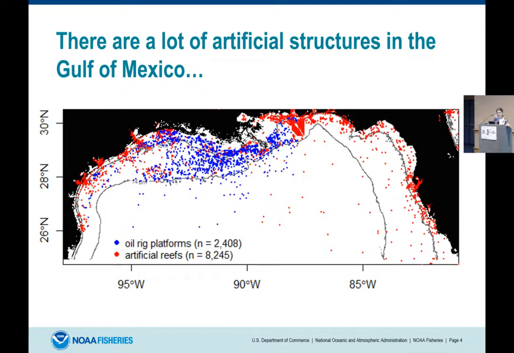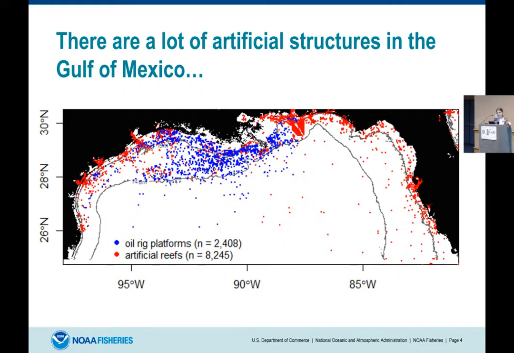Okay, I guess this statement is probably fairly obvious to this crowd. There's a lot of artificial structures in the Gulf of Mexico. And in the study domain, the numbers you're seeing here are the numbers in our study domain, which was the depth limits for red snapper in the surveys that we used. So that was 7 to 140 meters.